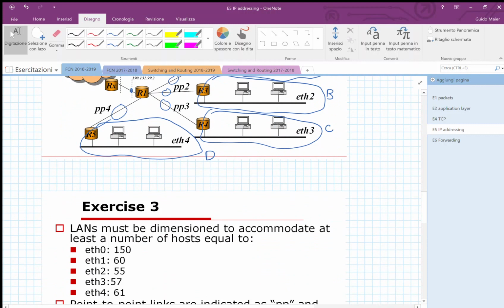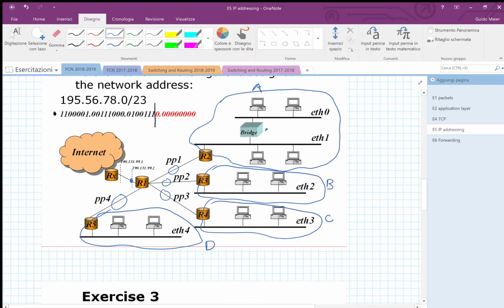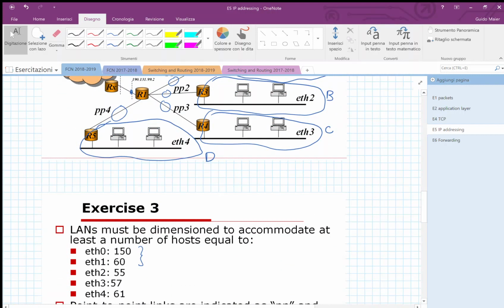How many hosts do we have? These two layer 2 networks, ETH0 and ETH1, are both on subnet A. So in total we have 210 hosts.